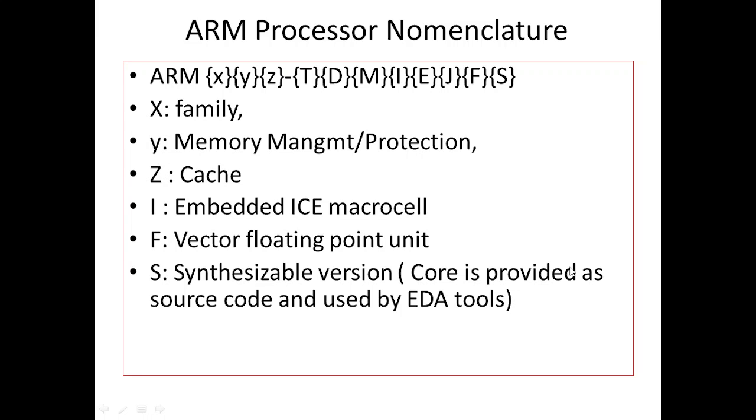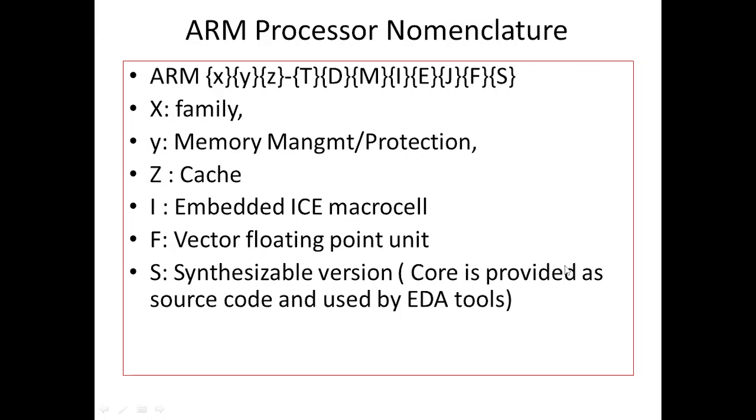In concluding the discussion, ARM is one of the devices which is very important for low power, that is, less power is required for ARM. It has very limited instructions, the register set is high, and it is a load and store architecture. All these features are required to increase the speed of processing.